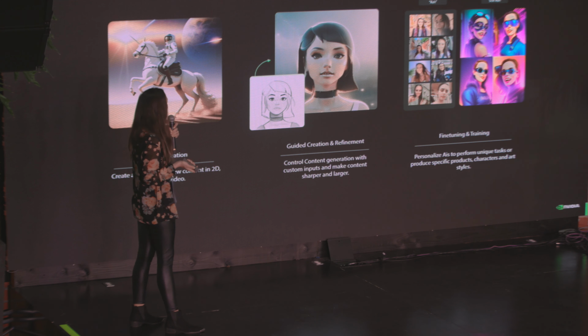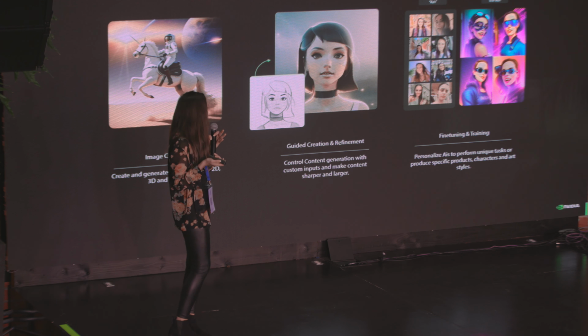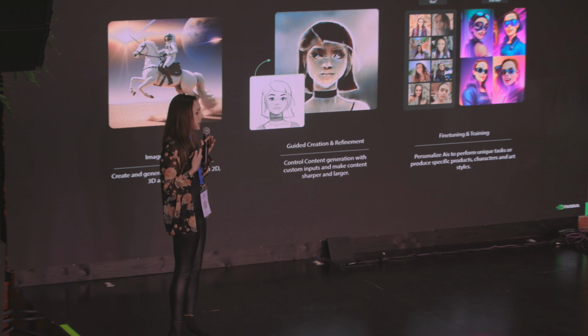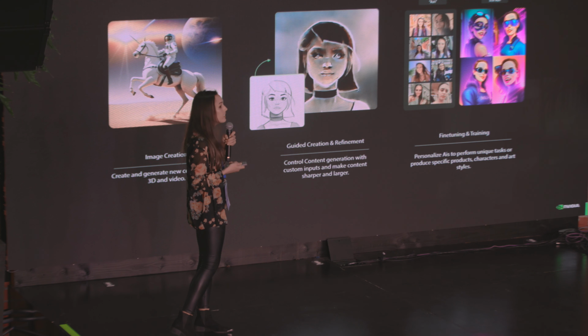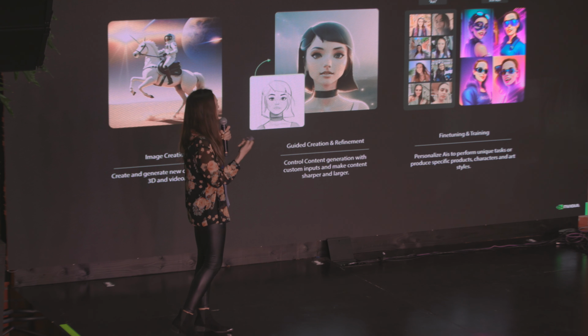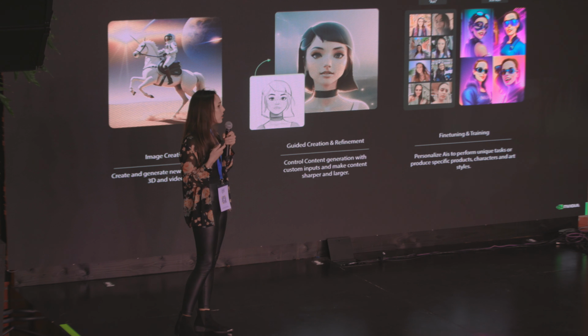So with generative AI, a lot of things are possible. Of course, you can generate images. But you can do a lot more than that. You can actually guide your creations. You can use your own sketches, your own photos, your own ideas, and your own color palettes to generate very, very unique pieces of art that speak in your artist's voice.